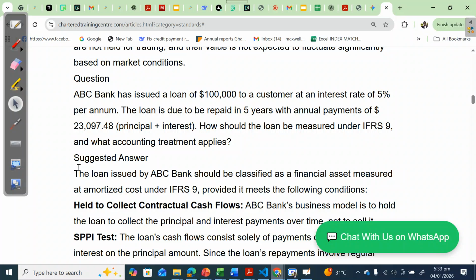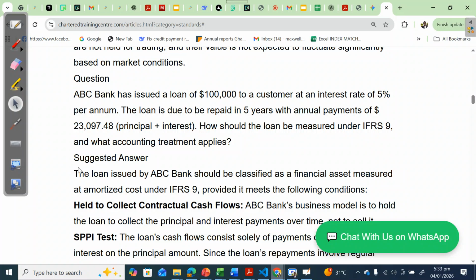First we need to know what category this loan falls under before we can know what to do. So the loan issued by ABC Bank should be classified as a financial asset, and it should be measured at amortized cost.